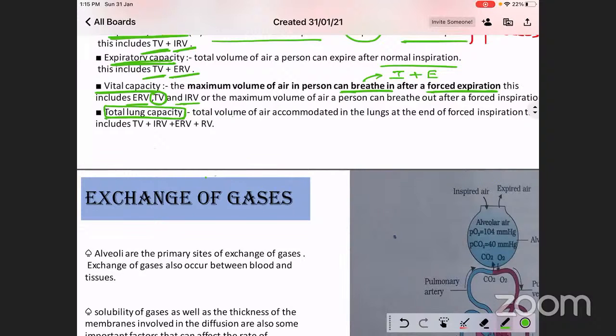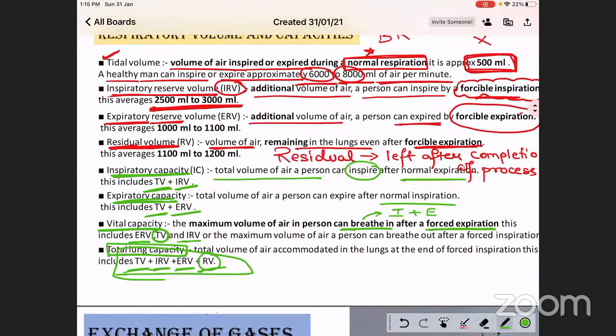We all know that total volume is measured if we add all the volumes: tidal volume is the normal volume, inspiratory reserve is the additional you can inspire, ERV is the additional you can expire, and even after the forced expiration there is a remnant of air, that is the residual volume. So if you add all of these four volumes, you will get the total lung capacity. Okay, so these are the volumes and capacities which you have to remember.